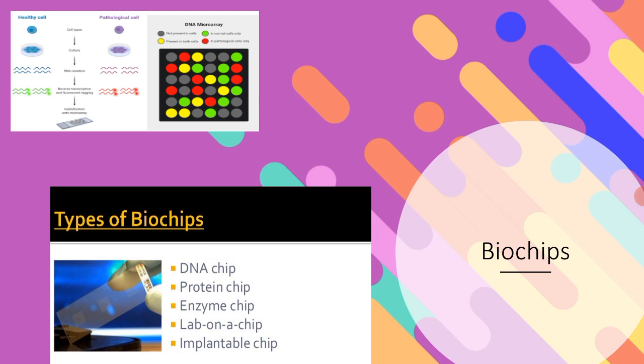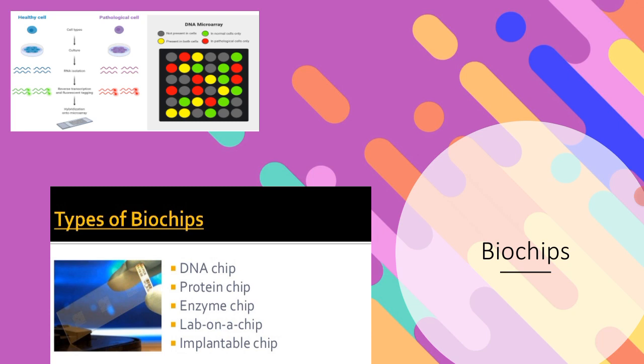Now in this picture of the DNA microarray, you can see the blue color cell. This is the healthy cell. And if we want to determine the presence of infection or disease causing cells, then we can use this DNA microarray technique.